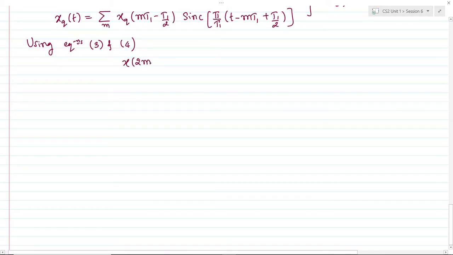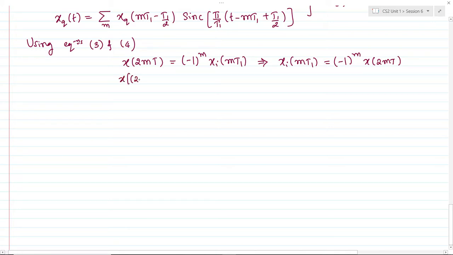So this implies xi of mt1 is minus 1 power m times x of 2mt. Similarly, we have x of (2m minus 1)t, which is minus 1 power m plus k times xq of mt1 minus t1 by 2. This implies xq of mt1 minus t1 by 2 is minus 1 power m plus k times the odd samples x of (2m minus 1)t.